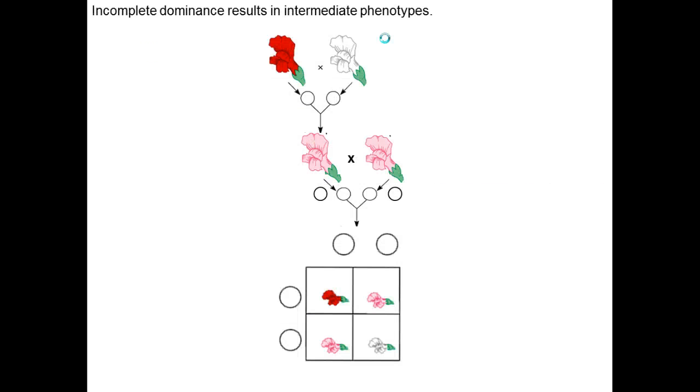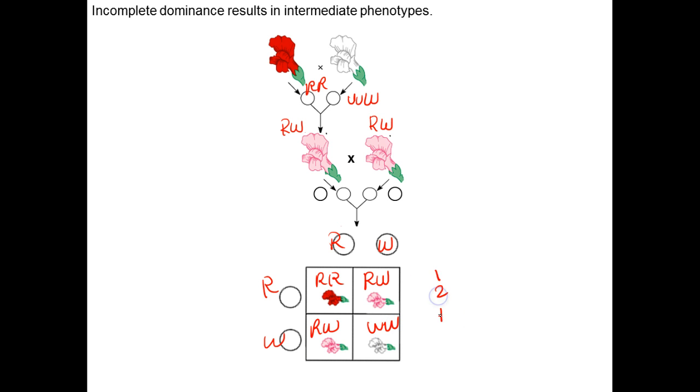So basically what we did, we have a pure red flower, big R, and a white flower, WW. And all the offspring flowers are hybrid. And if you cross it with another pink flower, then you would have a red flower, two pinks, and a white.